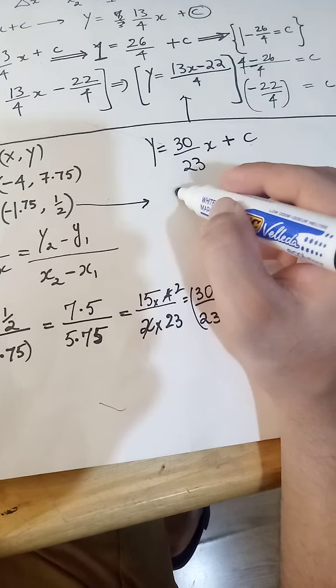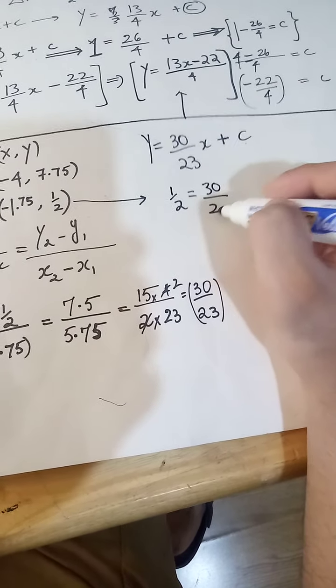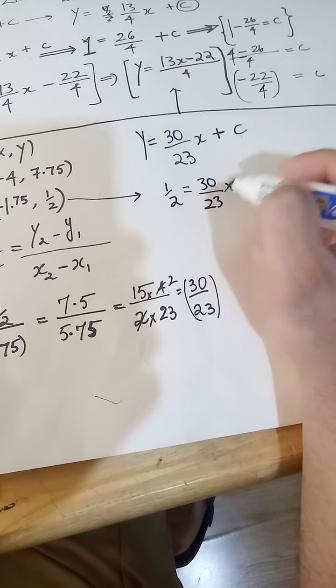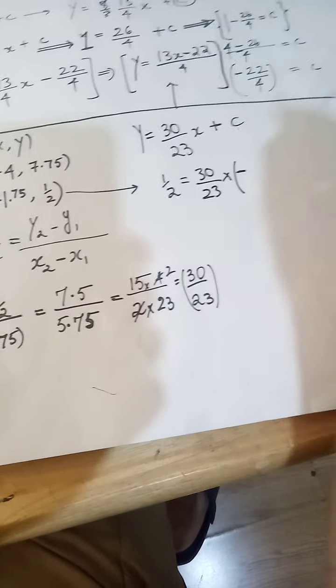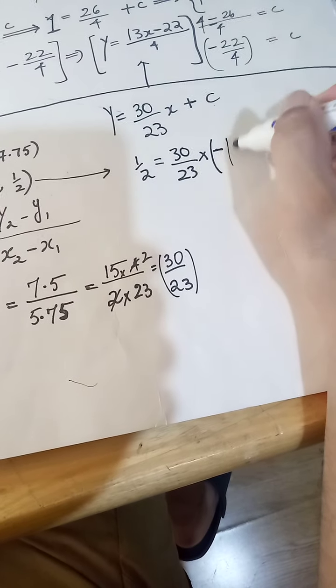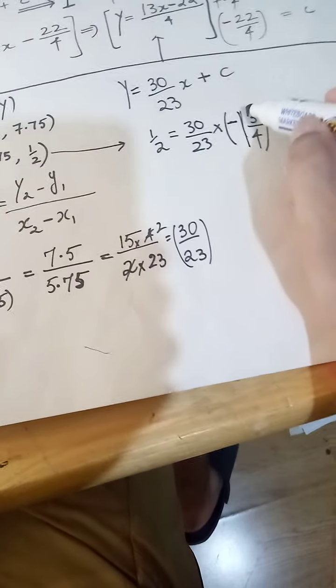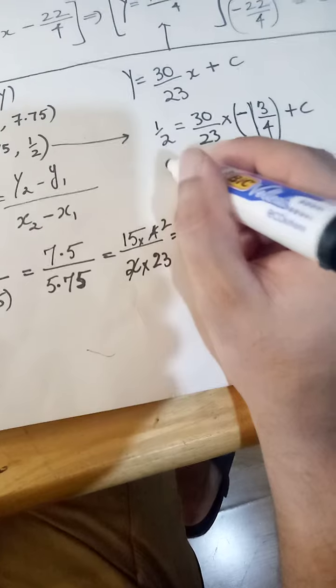Now if I wanted to calculate the c, I'd take this one here and put it in, half equals minus 1 c. There we go. So yep, 1 whole 3 over 4.